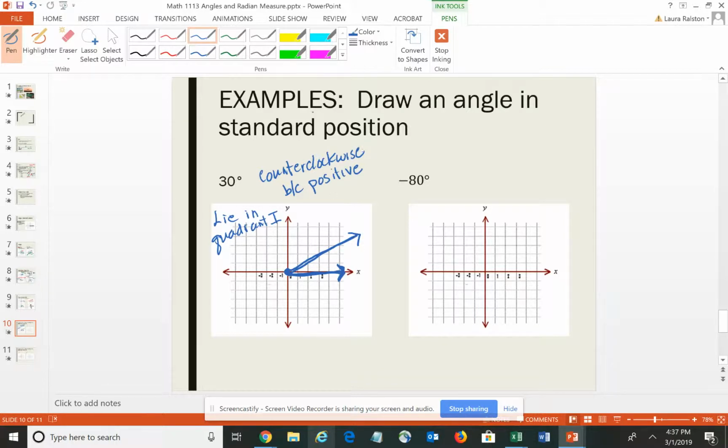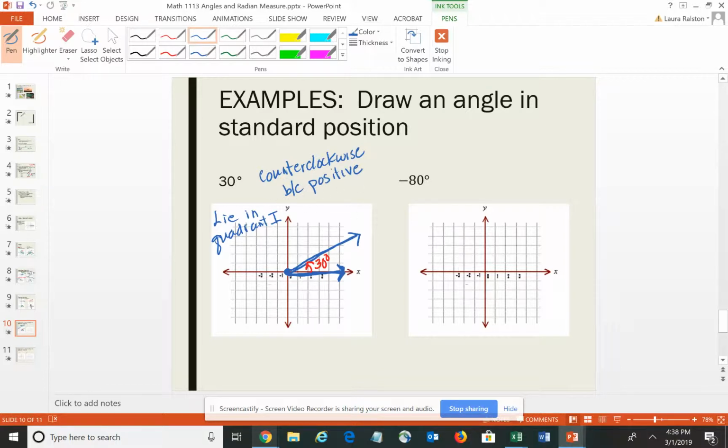So there's a rough sketch, and we're not ready to quite be rocket scientists yet, so a rough sketch is adequate of a 30-degree angle. And again, I may want to indicate the direction that I rotated to ensure that people know that it is a positive angle.